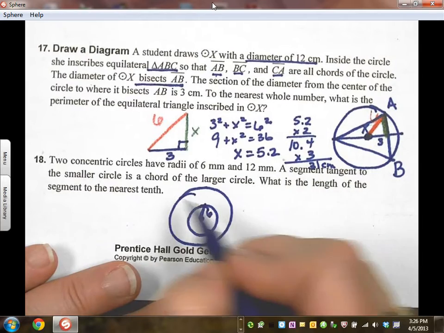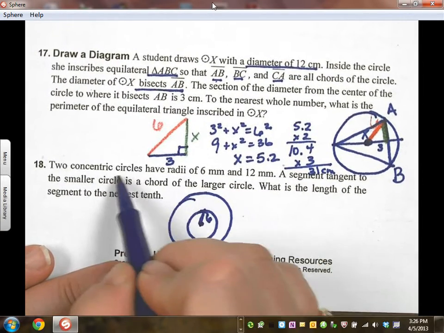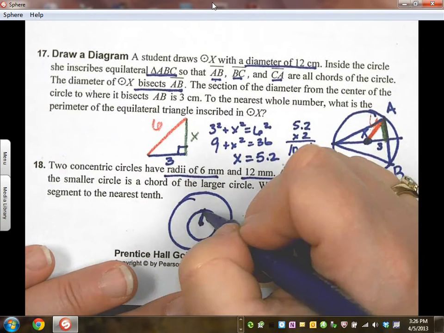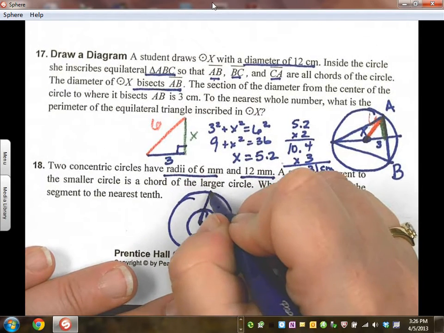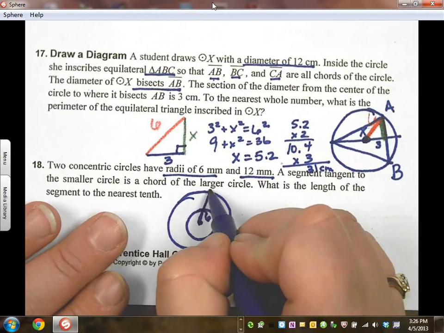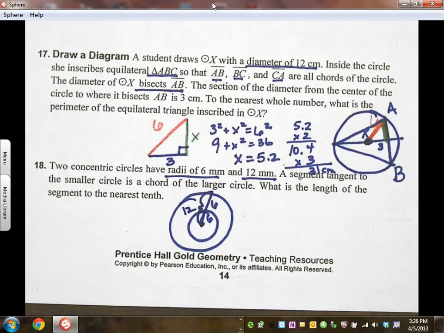And remember, in concentric circles, my radii all line up. And the small circle has a radii of 6, and the large has a radii of 12. So from here out, I'm going to have another 6, because that's 12 total, right? Does that make sense? The whole thing has to be 12. Okay?